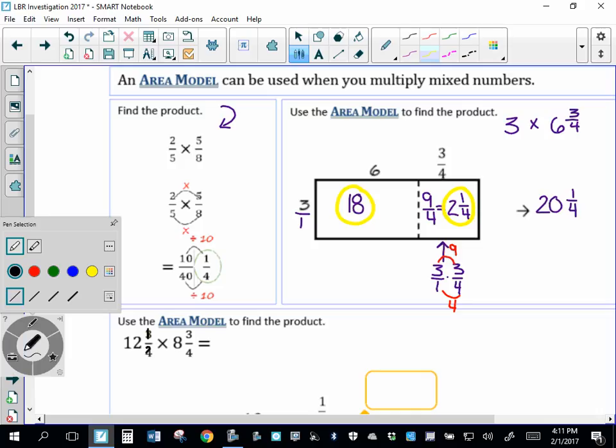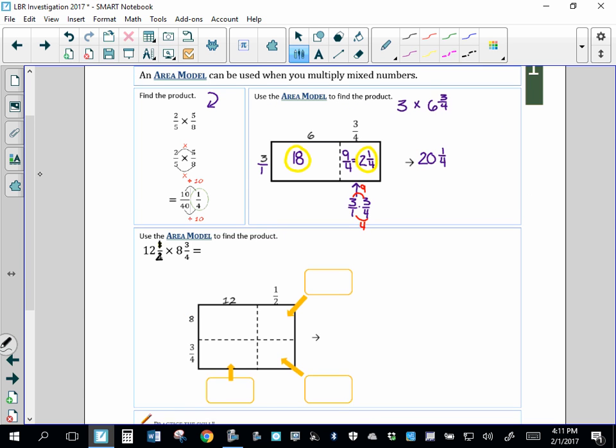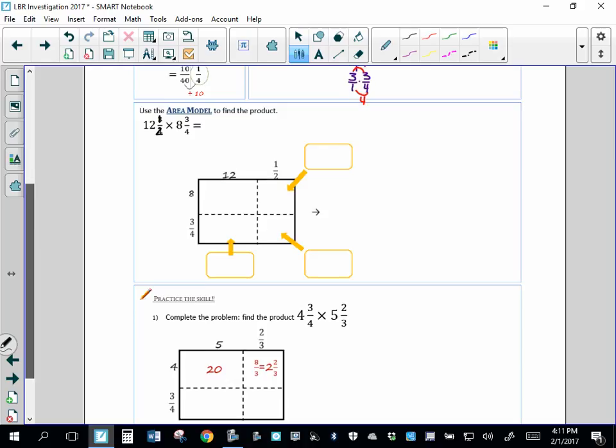If you didn't make that change in class, it would be helpful for you to do that. Then as I scroll down, you can see that 12 1/2 is written as the whole and the fraction part, and the 8 3/4 is written vertically. So we're going to repeat that process.